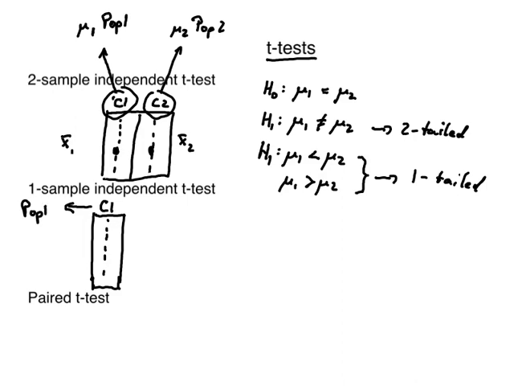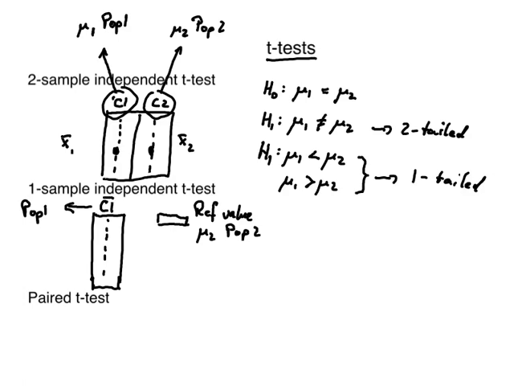And what we want to do is compare our samples to a known reference value. And in a way, we treat this reference value as the mean of population 2. So in a way, it's exactly the same thing.